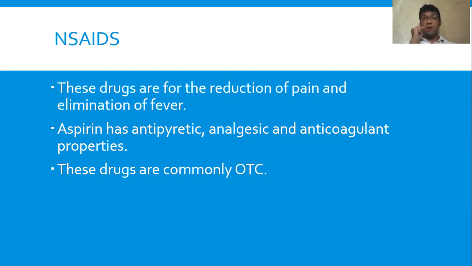And remember, dengue hemorrhagic fever has bleeding signs. So we are not going to give this drug. Paracetamol is the drug of choice for fever for patients who are suffering from dengue hemorrhagic fever. Like what I've said, they are commonly over the counter.